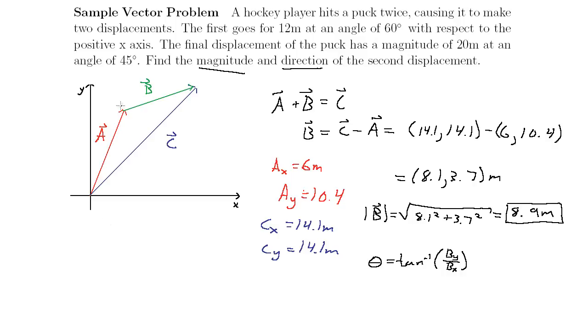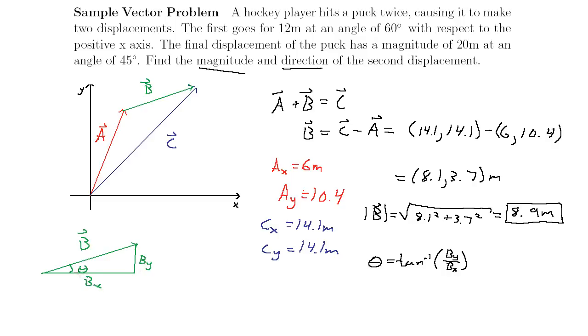So this is our vector B. Okay, so there's B. And this is the angle theta. And this is By, and then Bx.